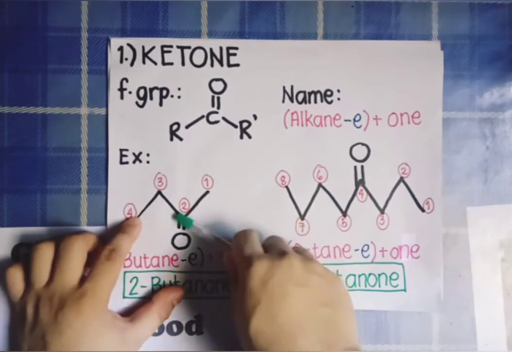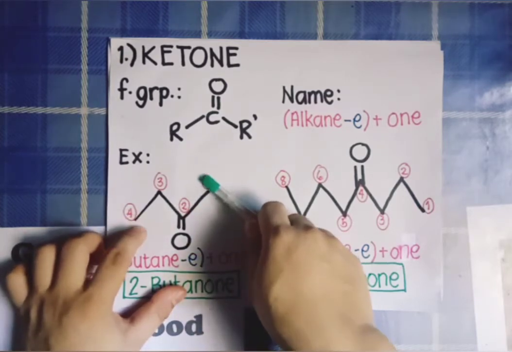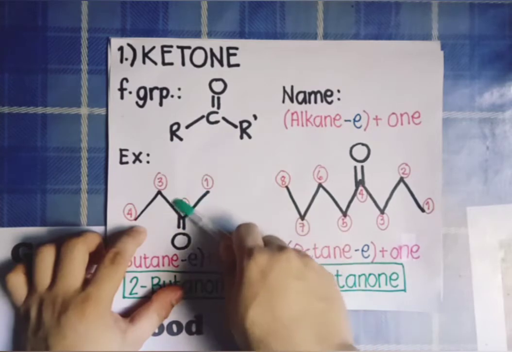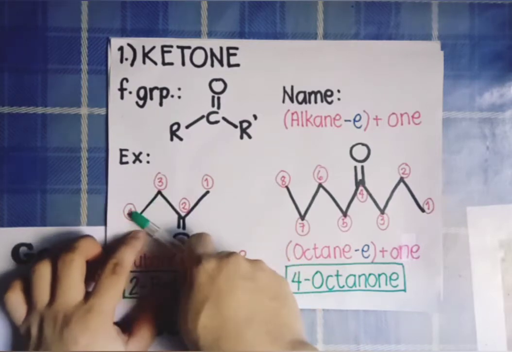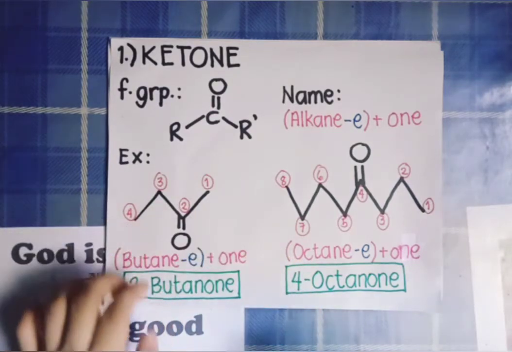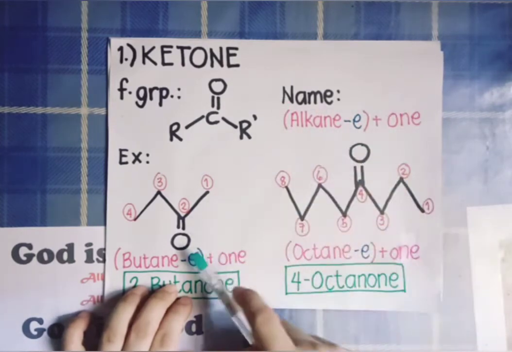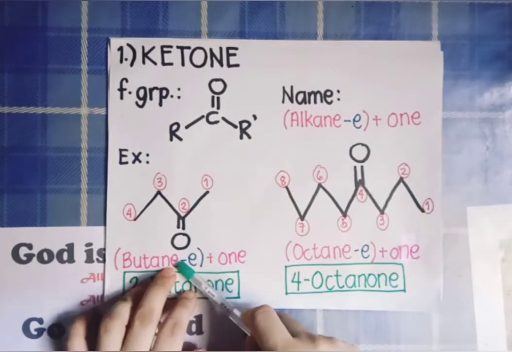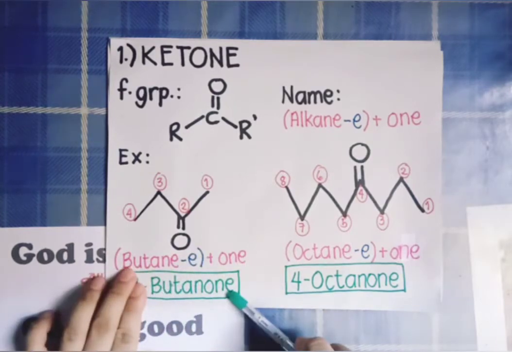Obviously, this ketone group here is nearest to this side than this side, and therefore this will be our carbon number 1. Then this is the carbon number 2 that bears the C double bond O. This is the carbon number 3 and carbon number 4. And if we're going to follow this format of naming, then we will have here butane minus E plus -one, or butanone.